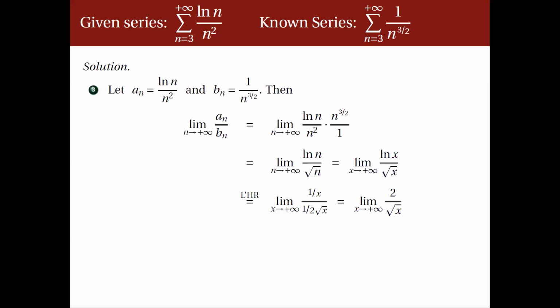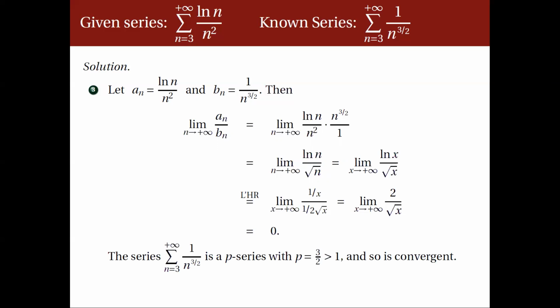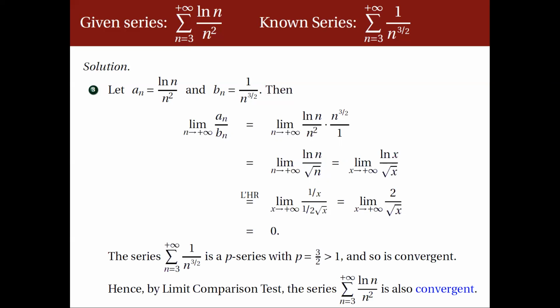And simplifying, we just get the limit of 2 over square root of x as x goes to infinity. Alam natin na papunta lang ito sa 0. Alam din natin na yung series na 1 over n to the 3 over 2 ay isang p series with p equals 3 over 2, kaya ito ay convergent. Base sa case 2 ng limit comparison test, summation ln n over n squared is also convergent.